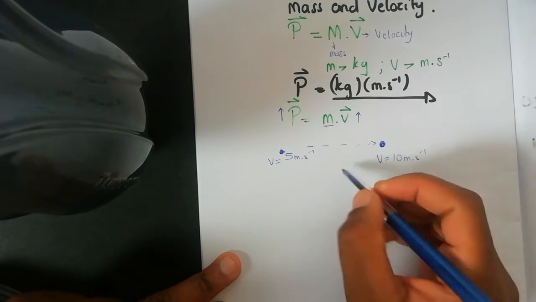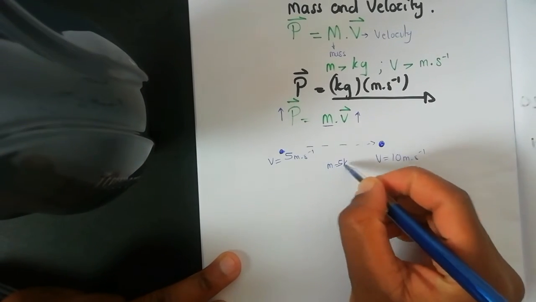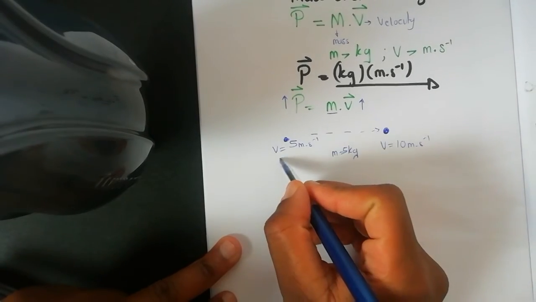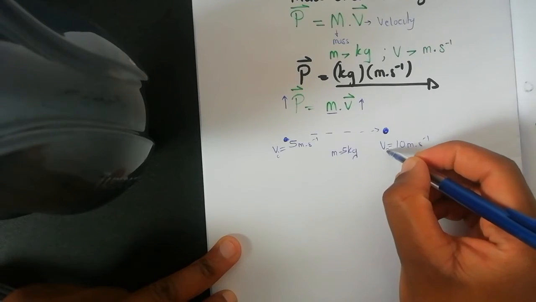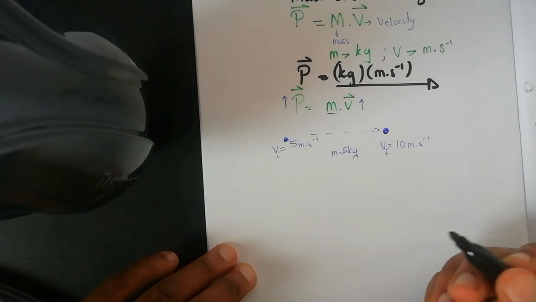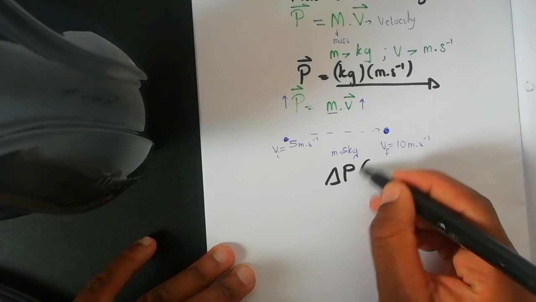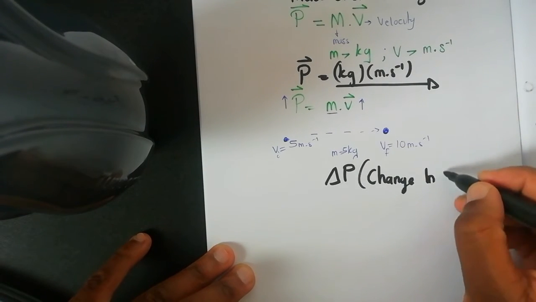Suppose the mass is 5 kg. It had an initial momentum with the initial velocity, and a final momentum with the final velocity. So we have what we call a change in momentum, change in P.